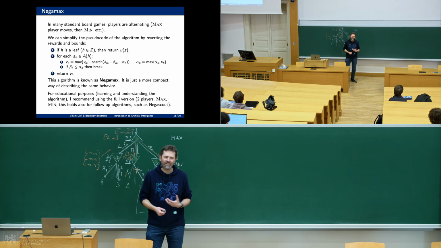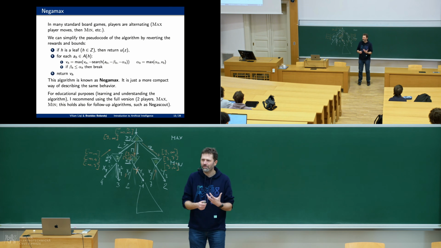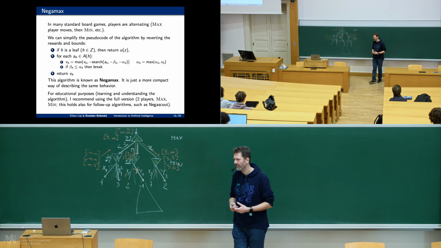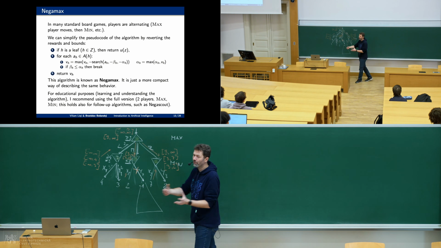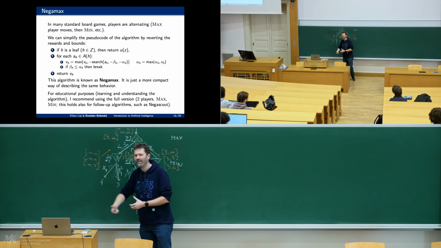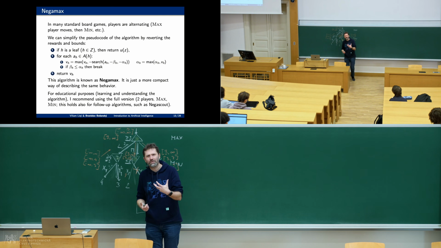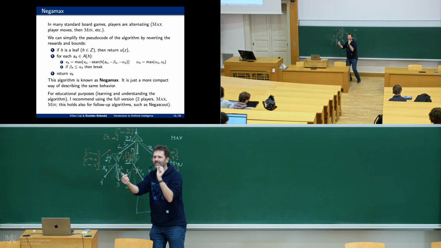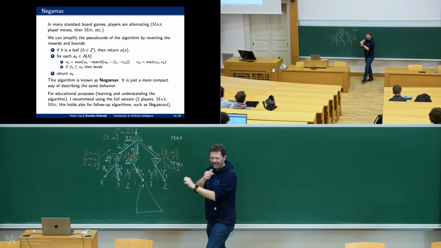So for educational purposes, try to disregard this and use the full version that I have on the slides, because specifically for more complicated algorithms like Negascout, it can be quite complicated to remember that now I need to switch it, multiply by -1, and then turn around alpha and beta, and so on.